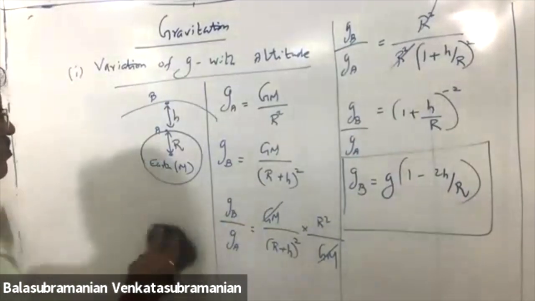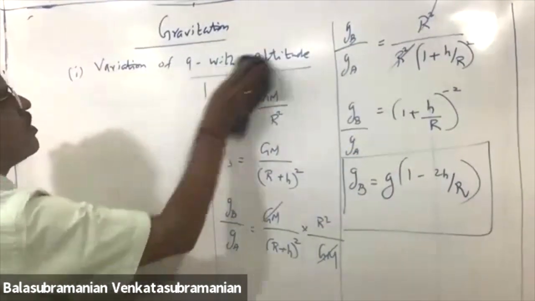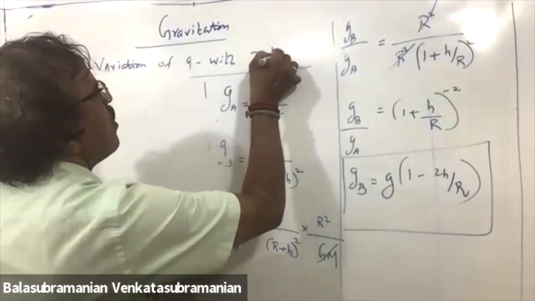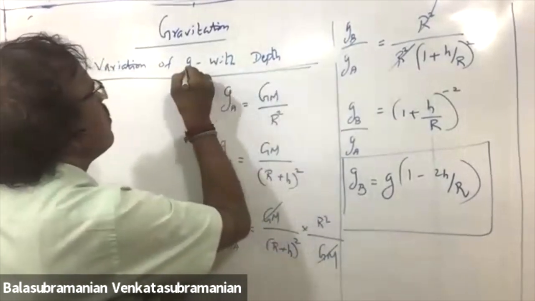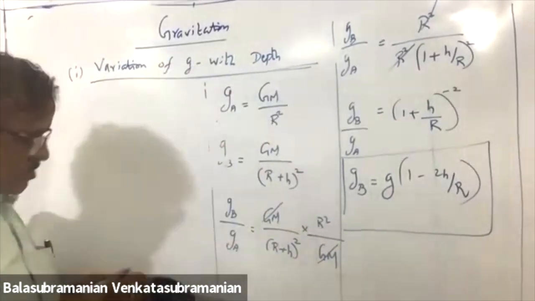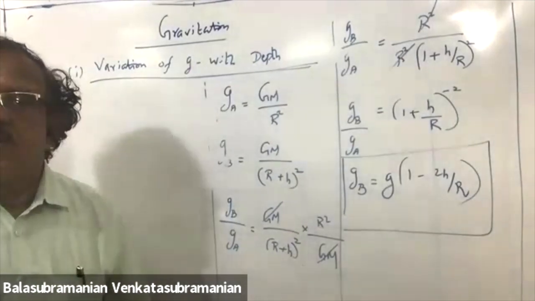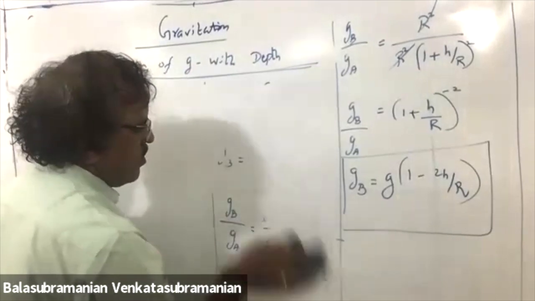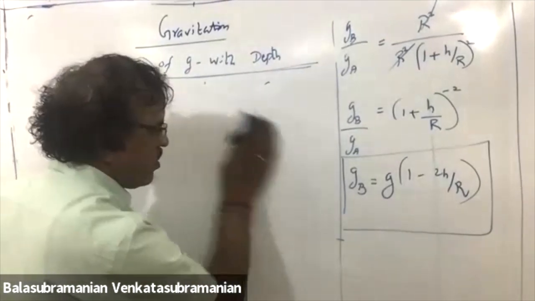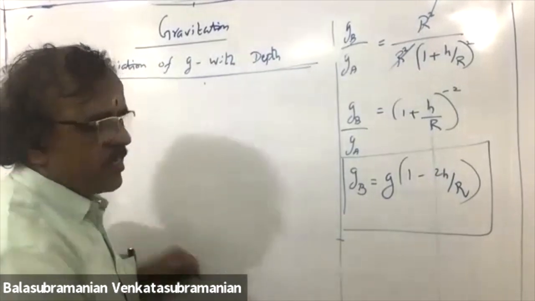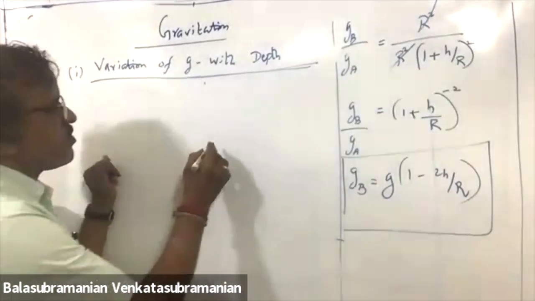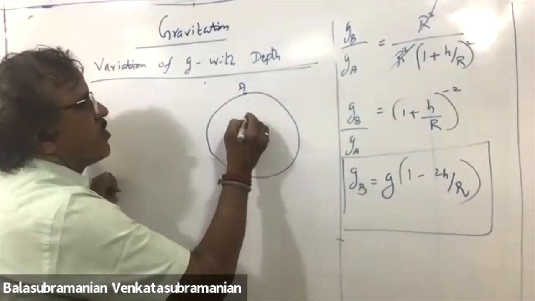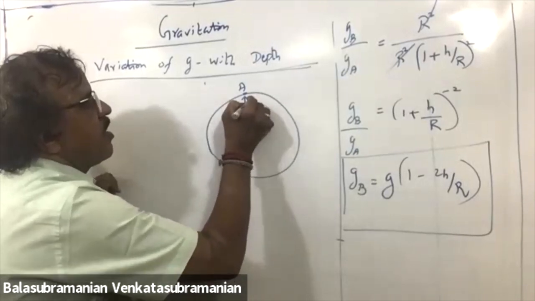Okay, next. Variation of g with the depth. Point A, at a depth d, we have to calculate.